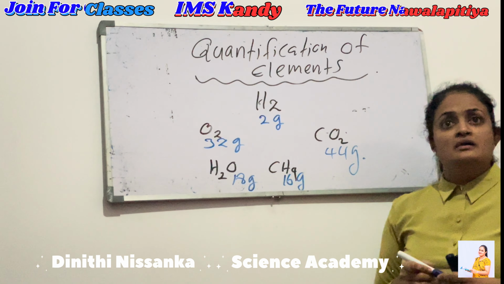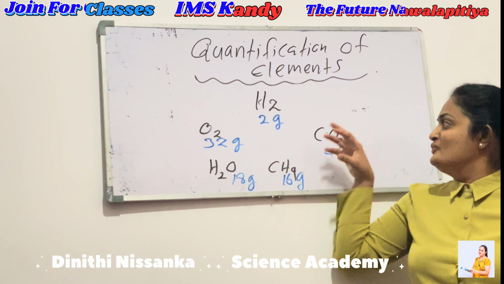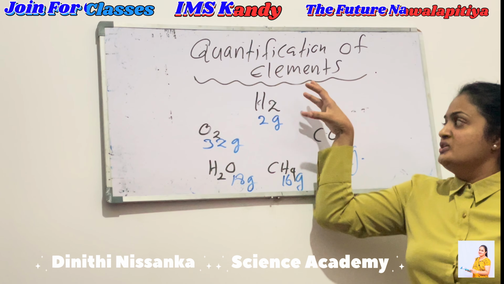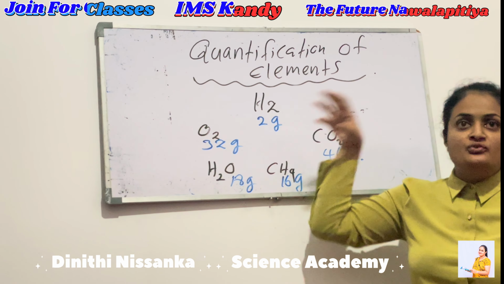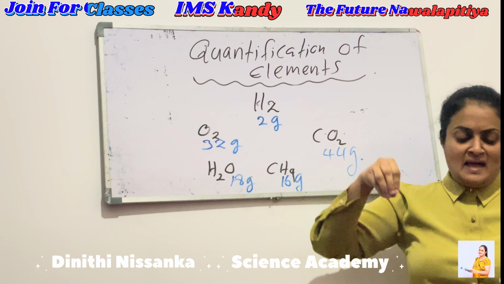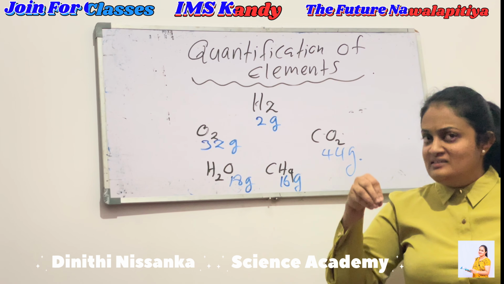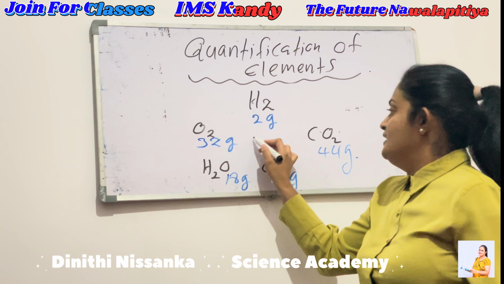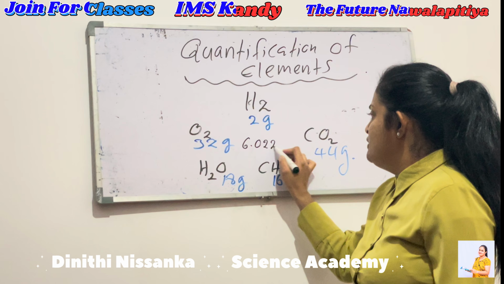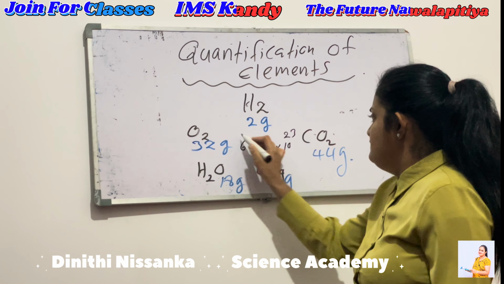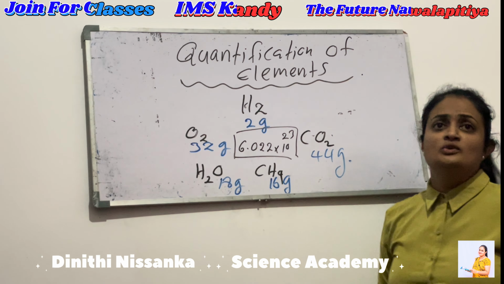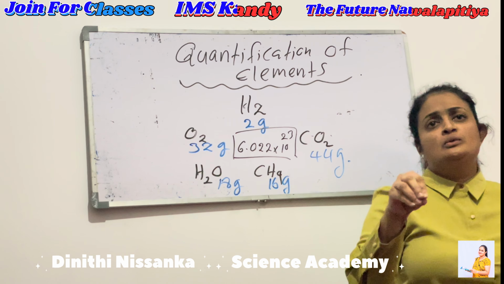So, if I count the number of molecules in each amount of molecules taken equal to its relative molecular mass, they also contain 6.022 into 10 to the power 23 number of what? Molecules.